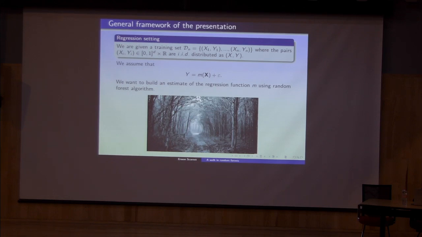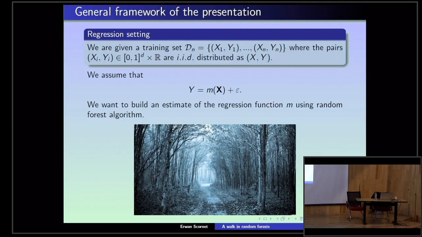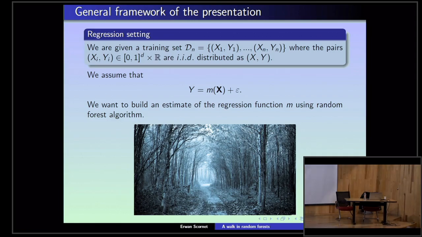So what you're really interested in is the function m, which is the connection between x and y. If I have a way to estimate this function, and I give you a new x, which is a new apartment, I will be able to build a prediction. So here, because we're interested only in prediction, our aim is only to estimate this function.